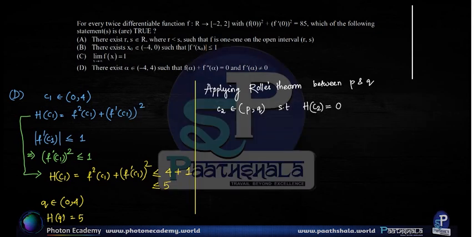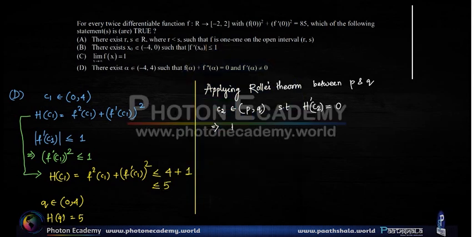Then we have h dash C2 is equal to 0, because that is what Rolle's theorem says. Now h dash C2 is equal to, we'll first write how we defined h of x.